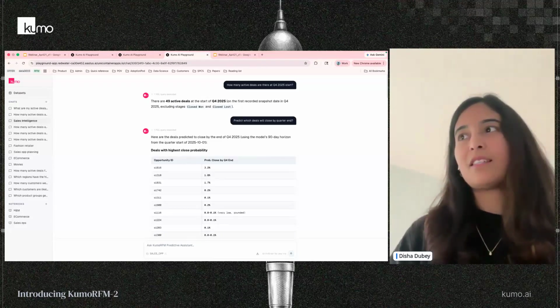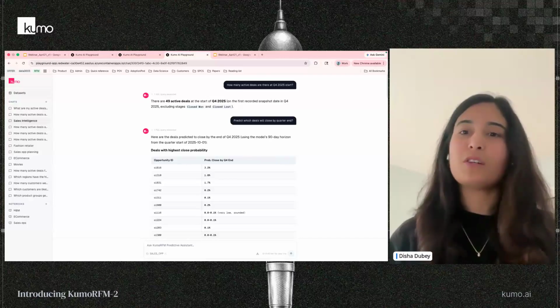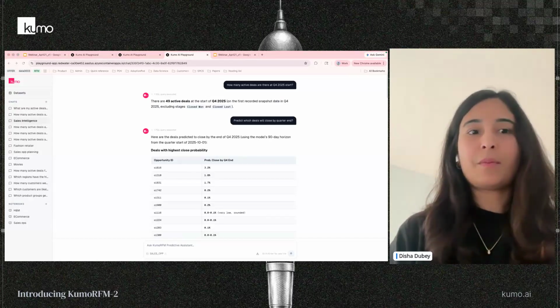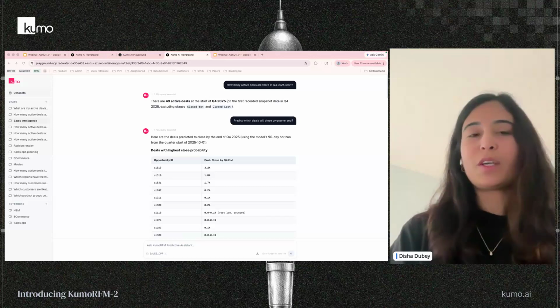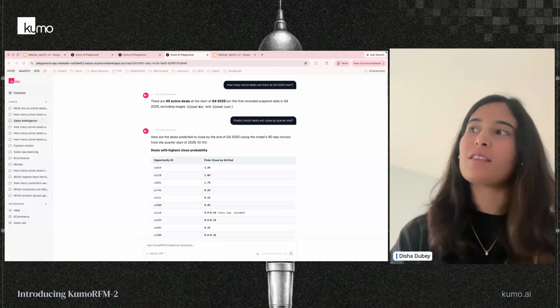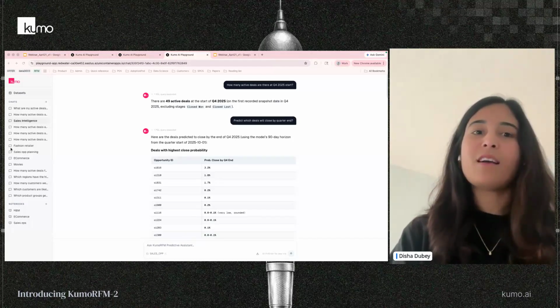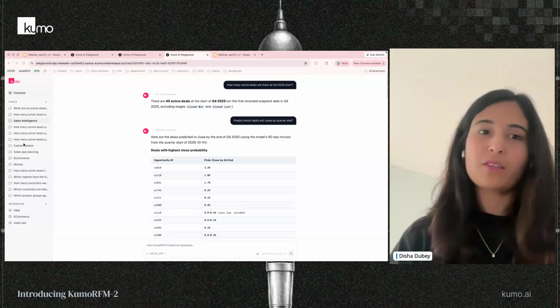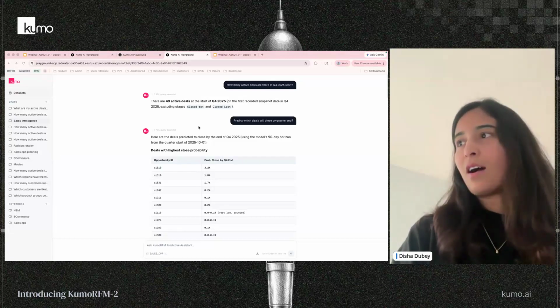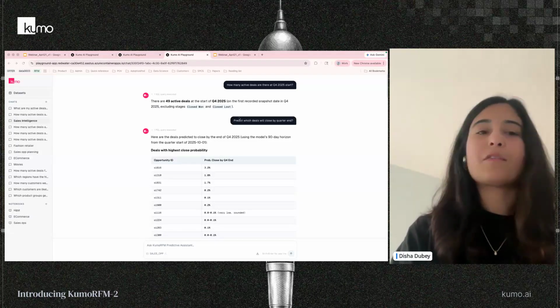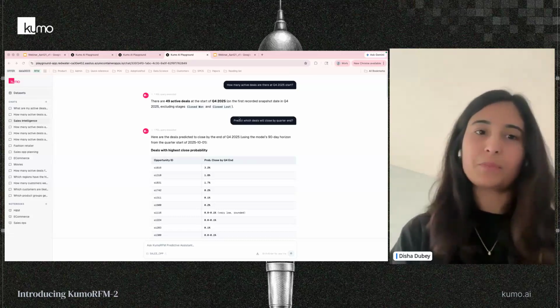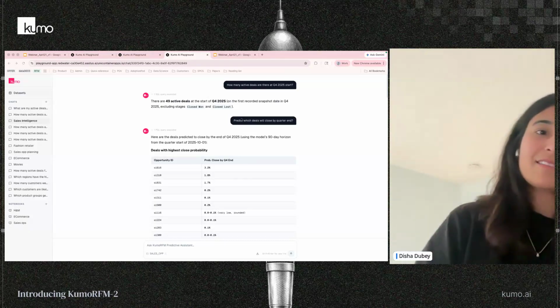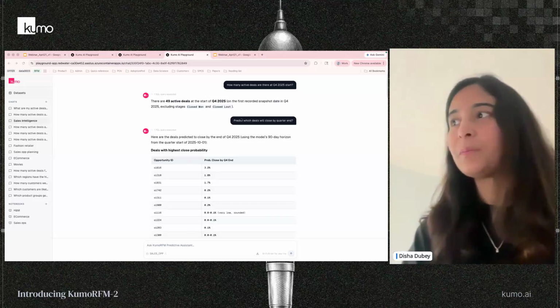But this is typically where your traditional tools stop. With Kumo RFM, you can go to the next stage, which is instead of reporting just the past, you can ask the model more forward-looking questions where you would say, predict which deals out of these will close by quarter end. That would be the next question as a sales leader I would ask the model.